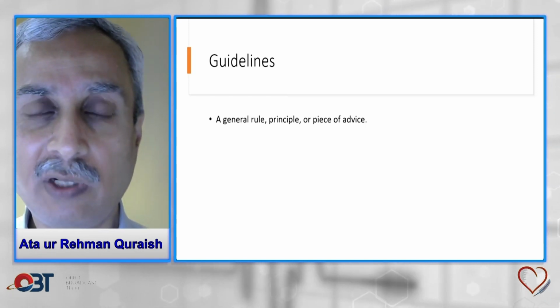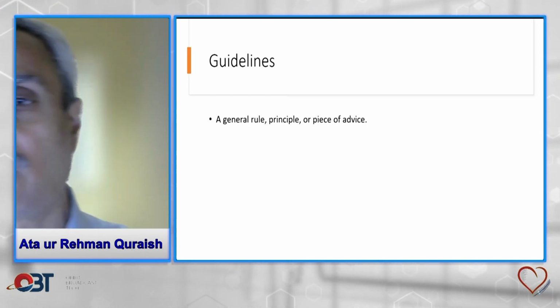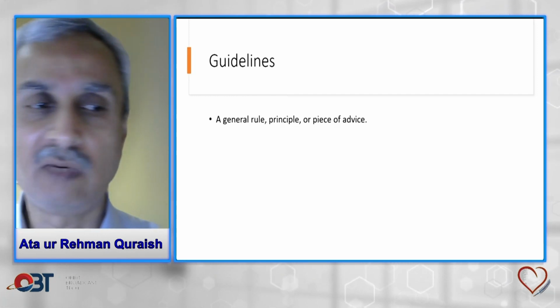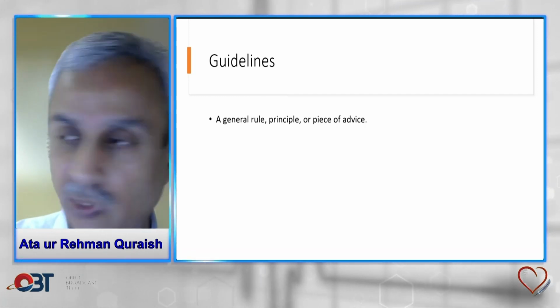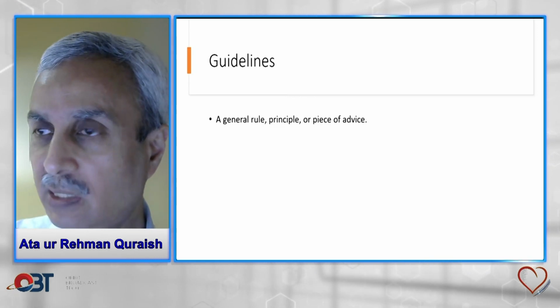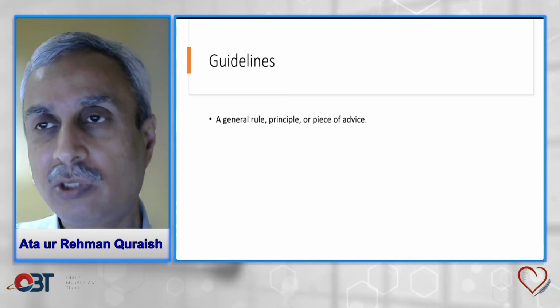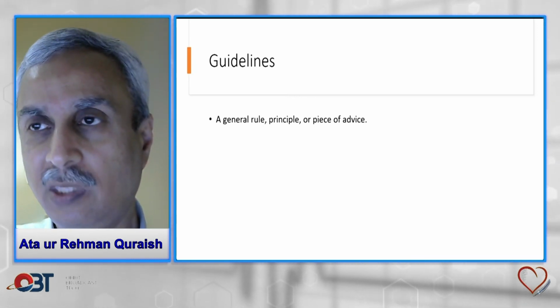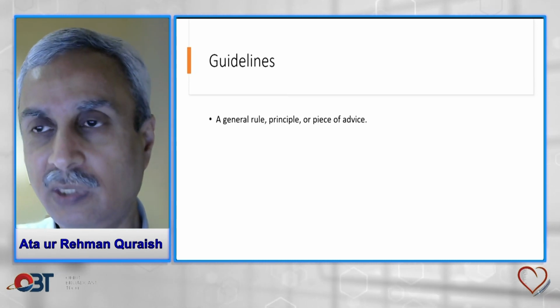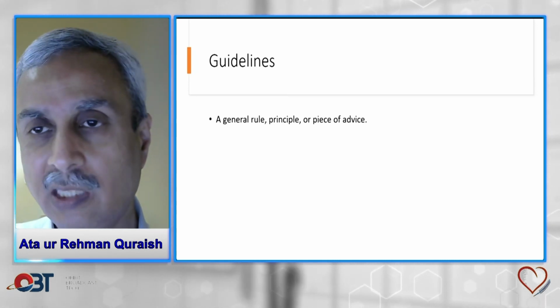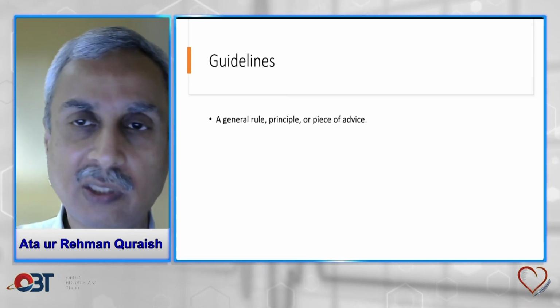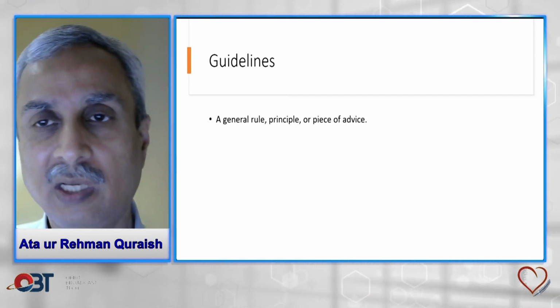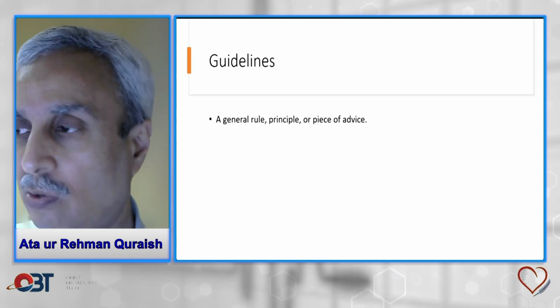It may not apply to 100% of the population, but it is for the majority of patients that we deal with. So it provides a general idea based on the evidence. Based on the evidence of randomized studies, registries, non-randomized data, and some of the guideline recommendations are based on consensus data.